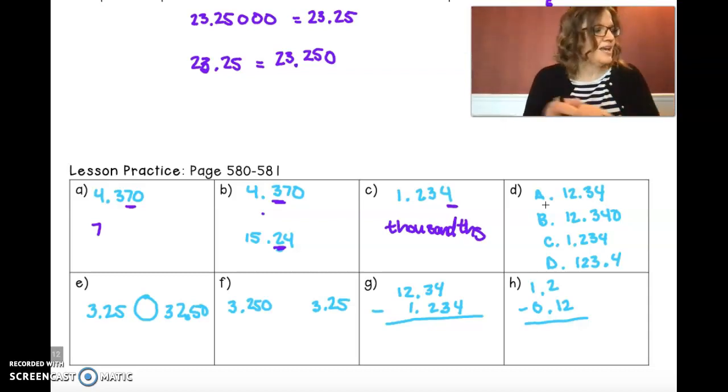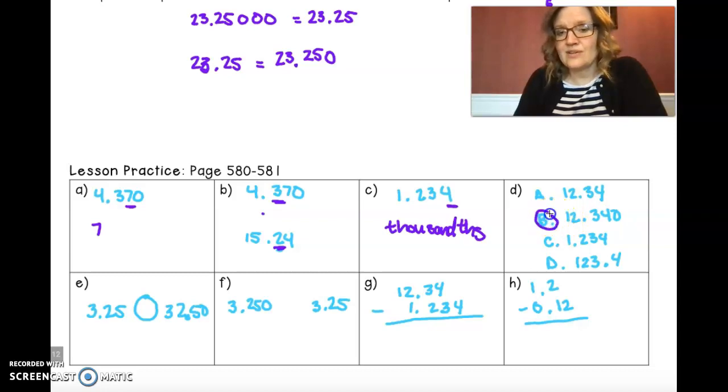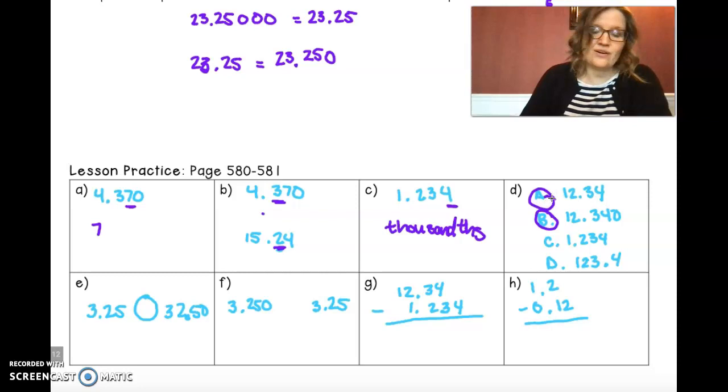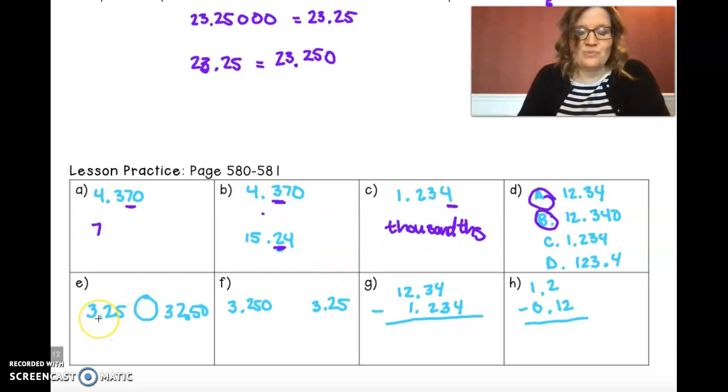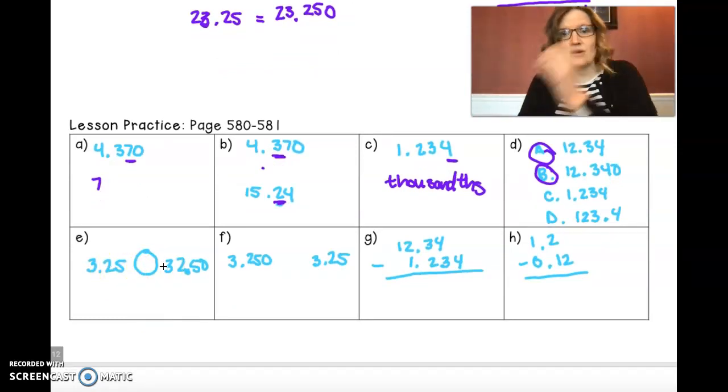And in D, they want you to find the numbers that are equal. And as I'm looking, I know that all these digits are the same, but their values are very different. So I can see that 12 and 34 tenths is the same as 12 and 340 thousandths. So A and B are equal. Which brings us to our next question. They want you to compare these two numbers. And as we look, we have all of the same digits, but we have totally different values.